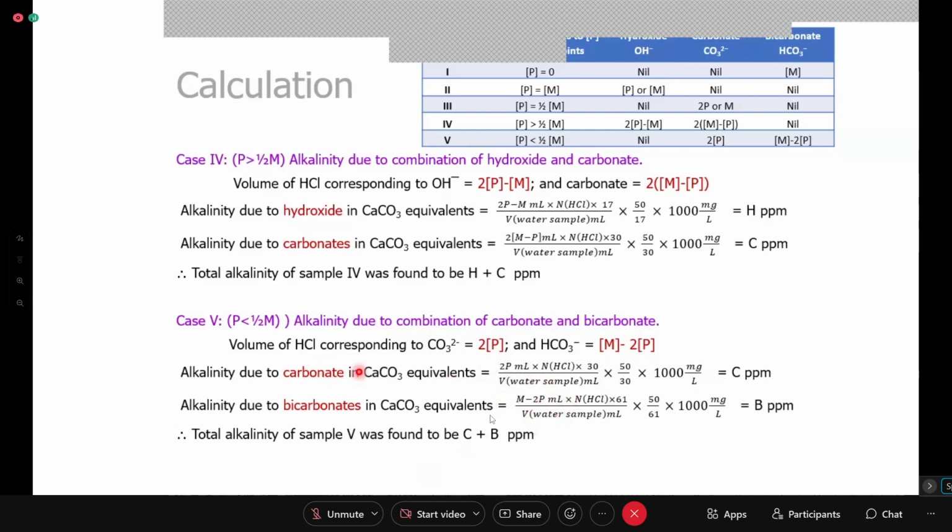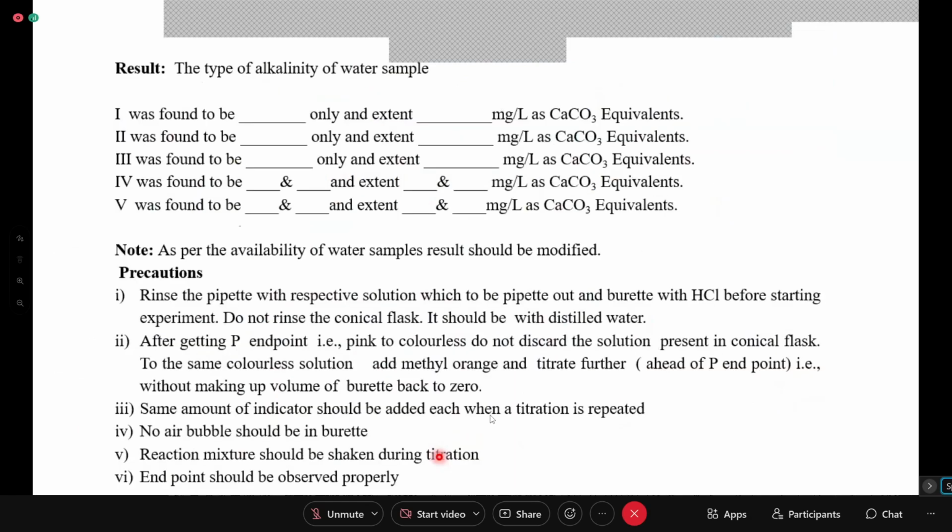So when you are calculating carbonate, you will put 2P and 30; for bicarbonate, M minus 2P and 61. And then the total alkalinity of this water sample 5 can be expressed as the sum of carbonate and bicarbonate alkalinities here. Okay, so this is how you will write, and then write the result.